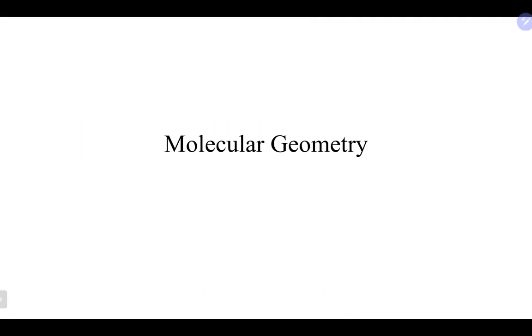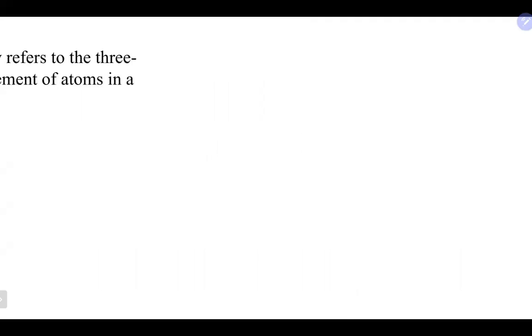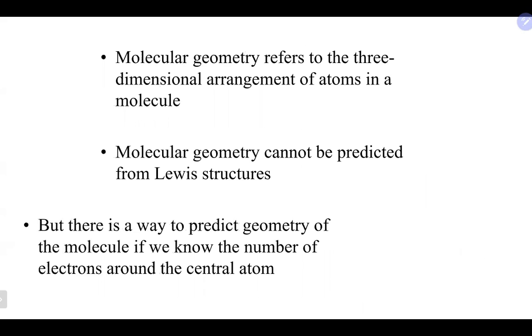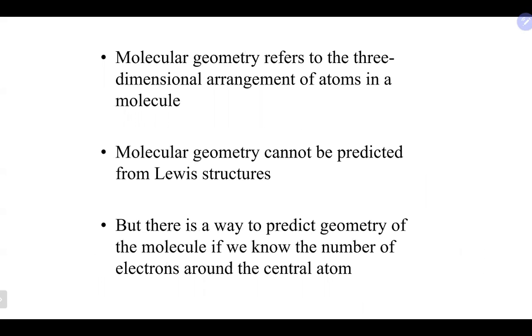So we're talking a little bit about molecular geometry here. We could look at our Lewis structure, and really the central atom is what matters when we are doing geometry. It really is always the center atom that's the most important, so you always want to look at the guy in the center.